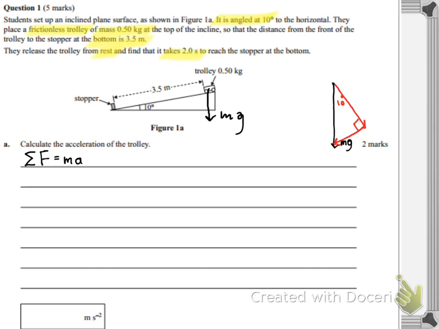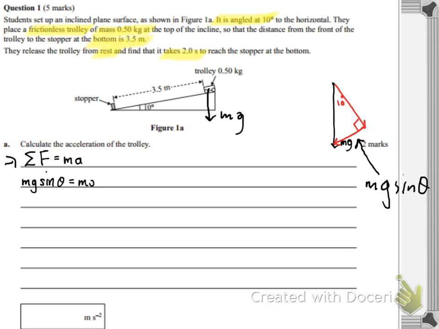It's good to point out this side here is the opposite side to the angle. So we will have a force of mass times gravity times sine of the angle, and that's the one we're going to be drawing on. You always start with Newton's second law: the sum of forces that act on the trolley must add up and equal mass times acceleration.